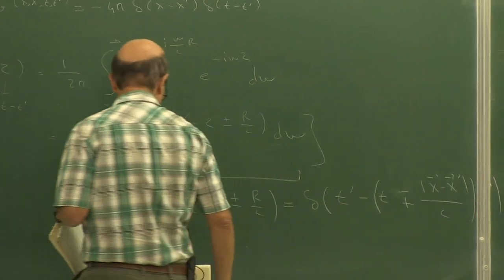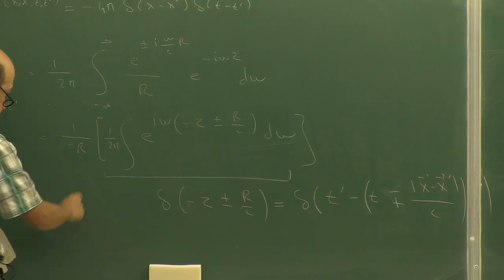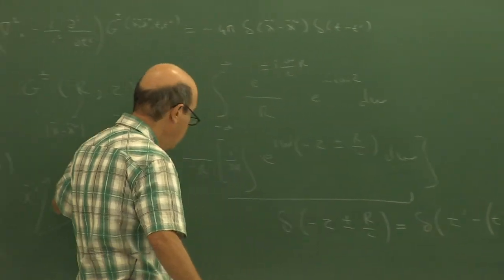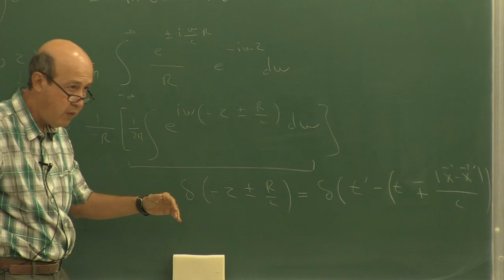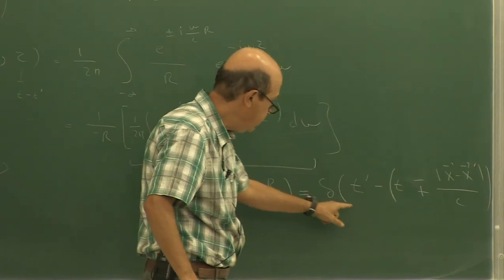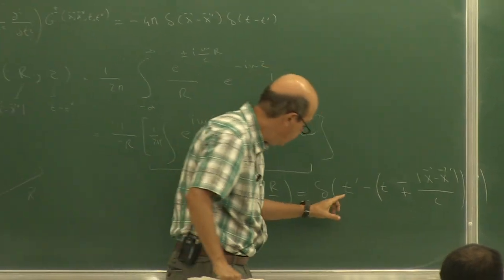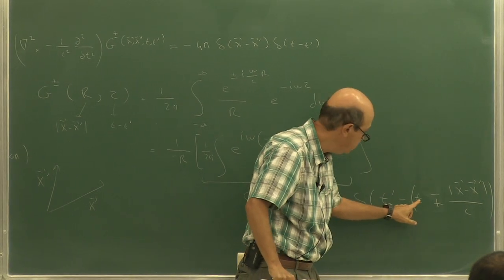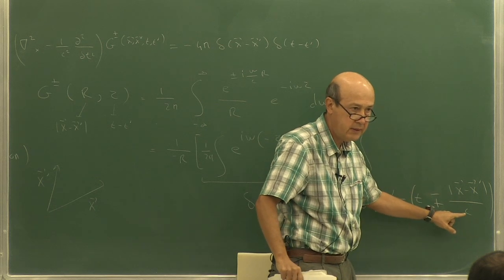So basically this is all the Green's function, 1 over r times that. If you think about the integral, it will survive when the argument of the delta function is equal to 0, and that is when t prime is equal to t minus plus r over c.